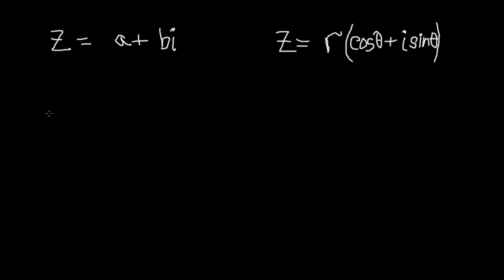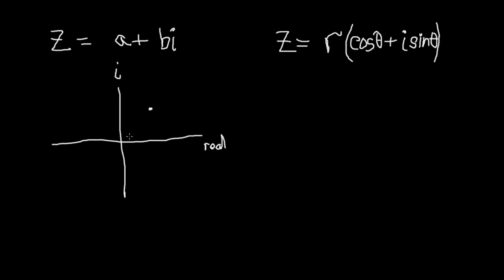So how do you convert the rectangular form to polar form? So let's say an imaginary plane. This is the real part, the real axis, and this is the imaginary.